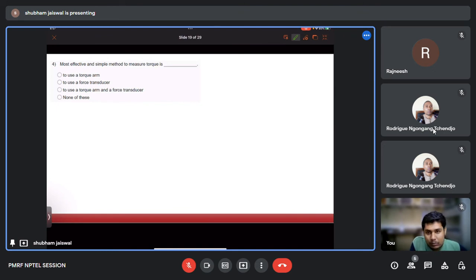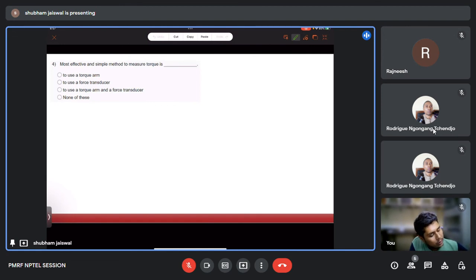Depending on the options given, it is a case of static torque. They are asking to measure the torque on a static component. So in a static component, we use the torque arm and the force transducer.